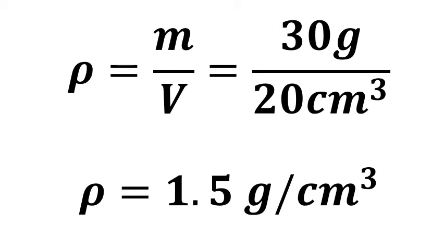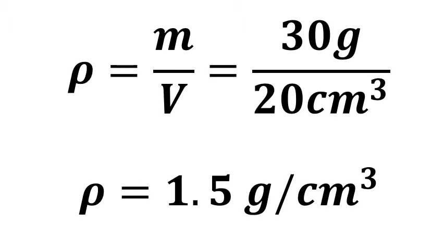It's good to include the units in the formula, but it's not always necessary. Here I'm including them so that you take note of the units that need to match with each other. What do we have here? We have grams and centimeters cubed. The two match, so we can leave them as they are. If we work that out on the calculator, we get 1.5 grams per centimeter cubed.